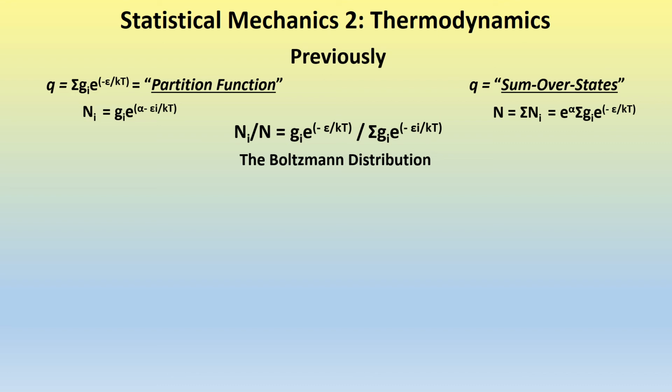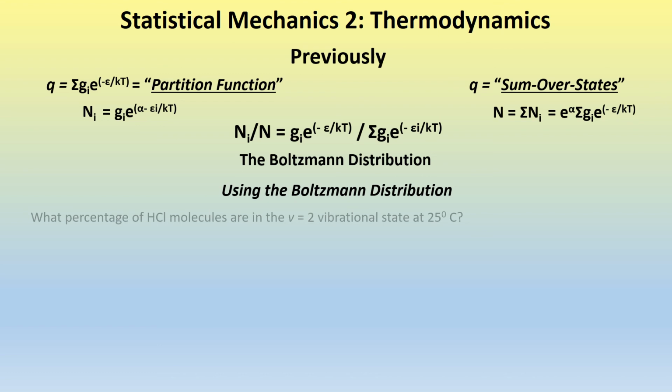In this case, vibrations are all singly degenerate, so g sub i equals 1 for all levels. The energy of each individual state is equal to v plus 1/2 h nu, where for HCl, the vibrational frequency nu is 8.66 times 10 to the 13th hertz.